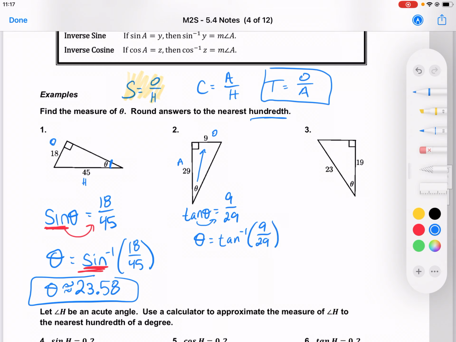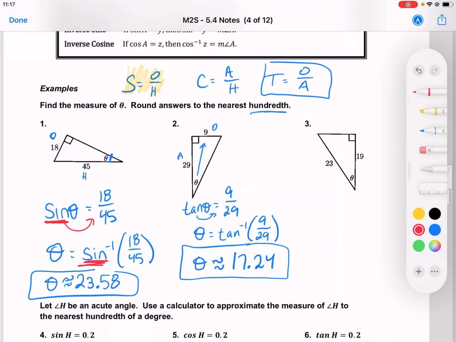When you type it in, you do second and then tangent to get that little inverse, 9 divided by 29, and theta is approximately equal to 17.24. Just a reminder, make sure your calculator is in degrees or else your answer will be incorrect.